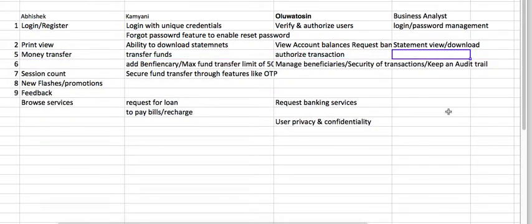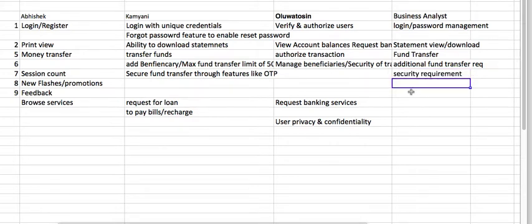So let's take this as a fund transfer. Okay, now in the fund transfer, these are your additional requirements for the fund transfer. That we can discuss later on when we talk about this. Then you have mentioned the security requirement. Okay, let's talk about the security requirement. So here in the security we can take this also.